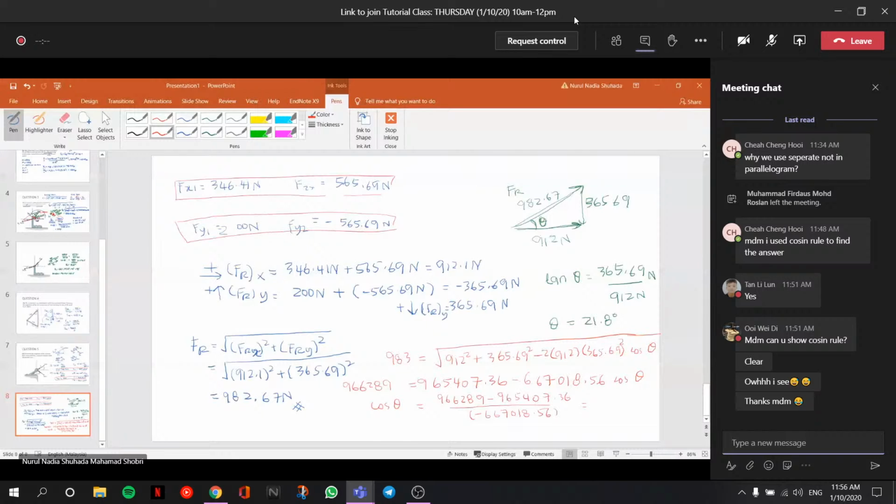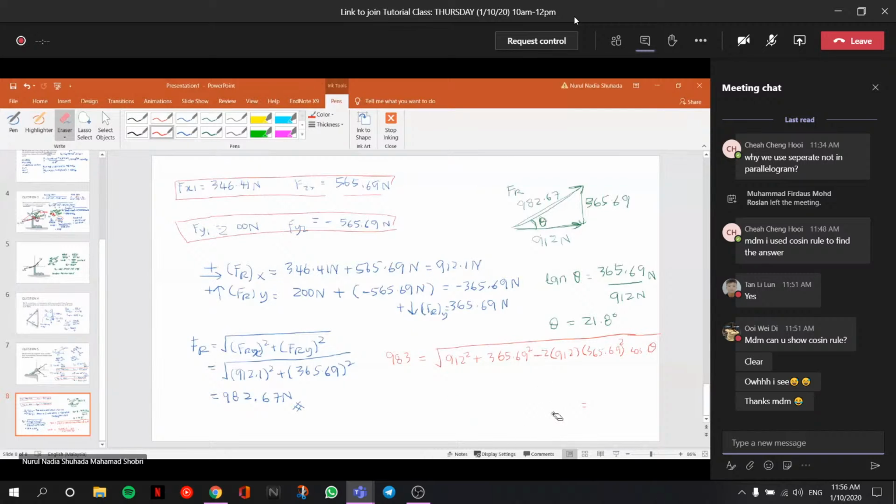Those who use the cosine rule, do you get the answer? I think I miscalculated something. You should be able to get the answer. So I think I need to calculate again because I didn't get the answer.